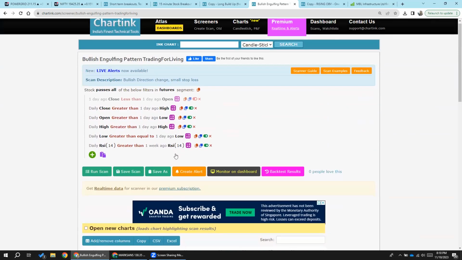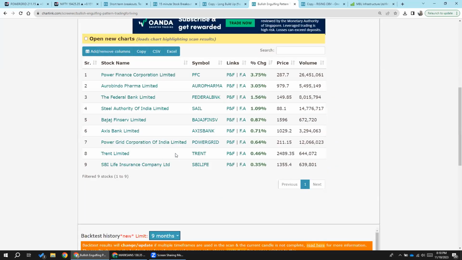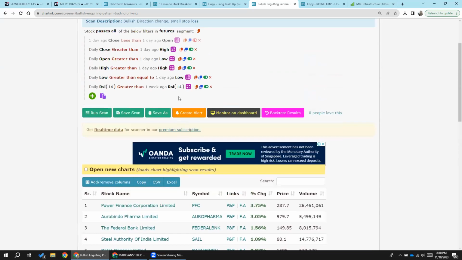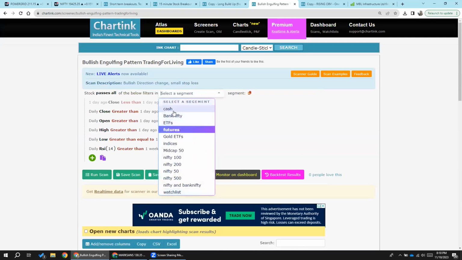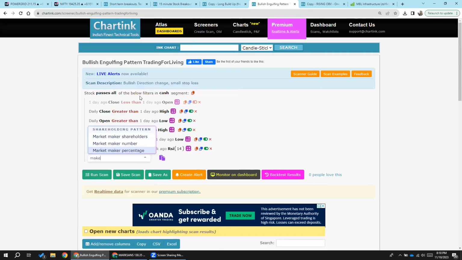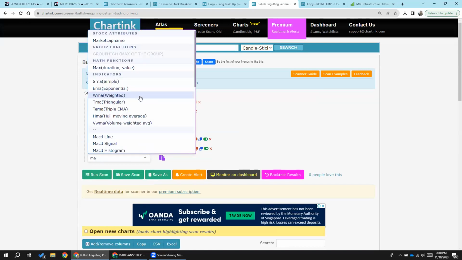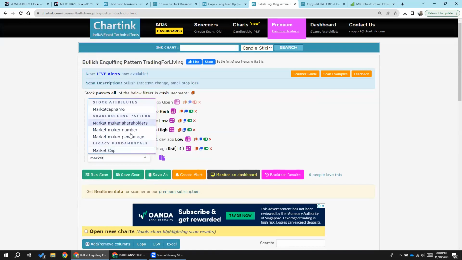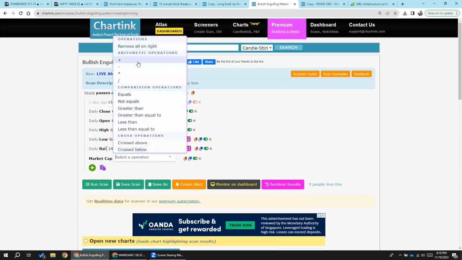In that sense, these are the future stocks that are coming. We want the cash stocks, and inside cash we will select stocks whose market cap is greater than at least 350 crores or more.